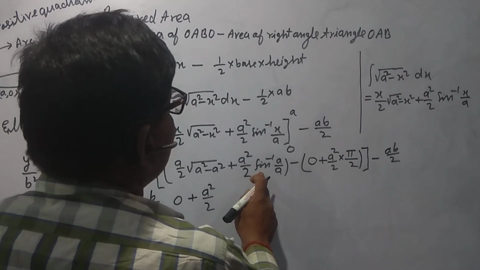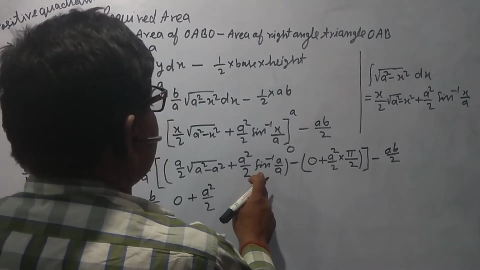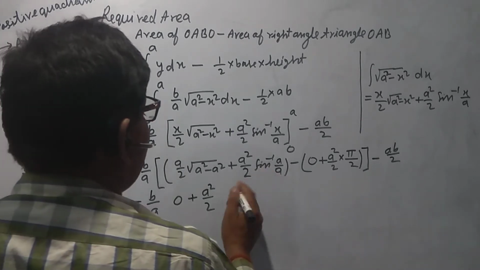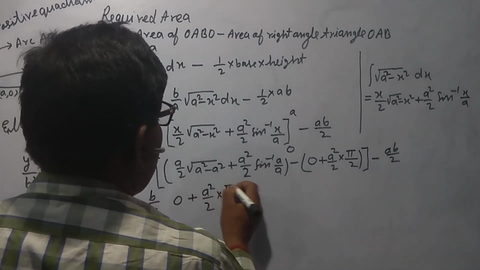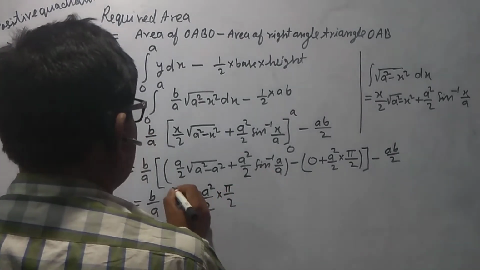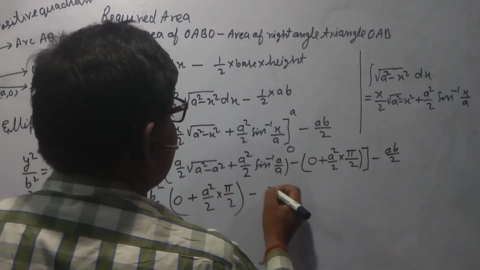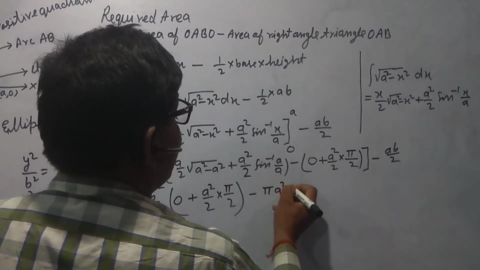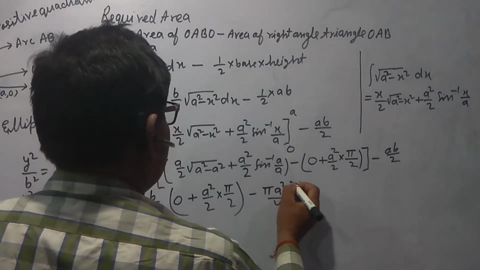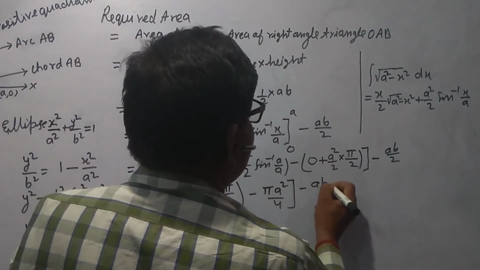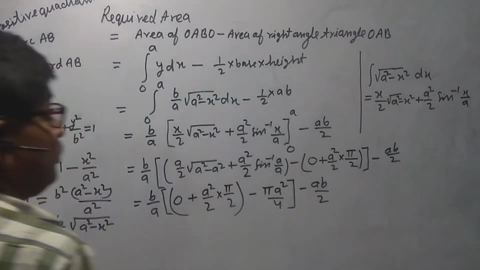This is also equal to sin inverse 1, and pi by 2, minus pi a square by 4 here, minus ab by 2.